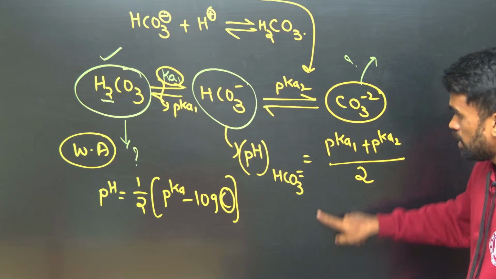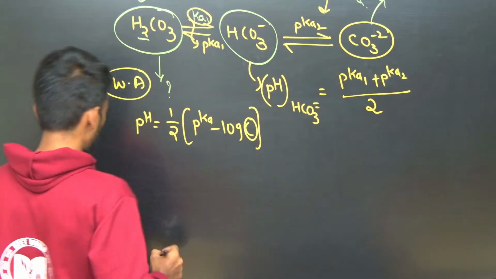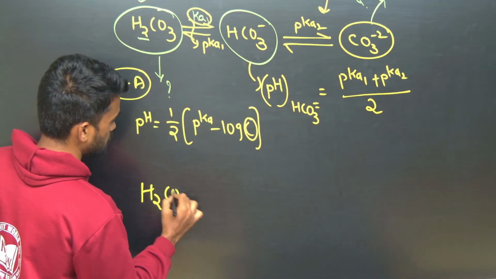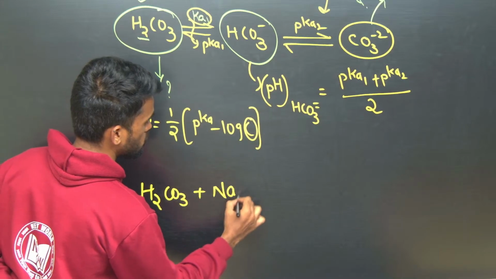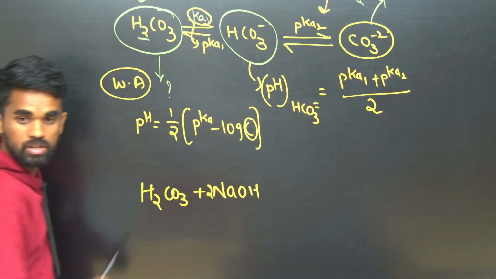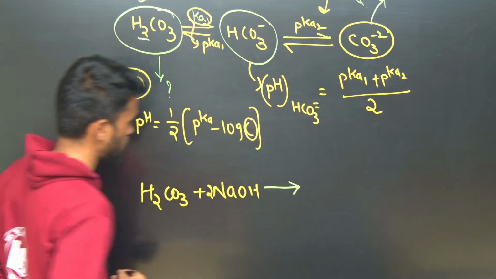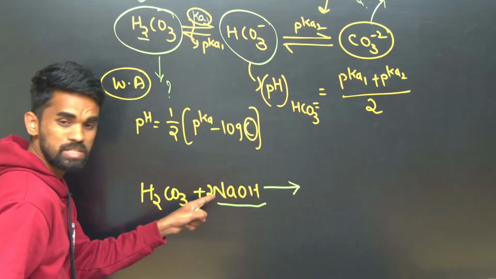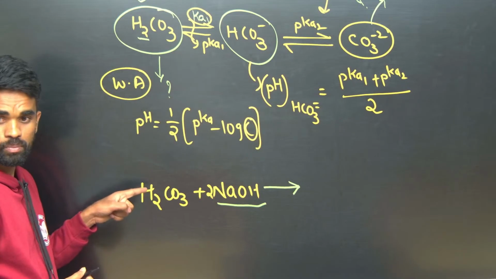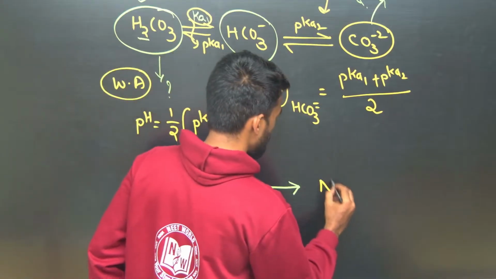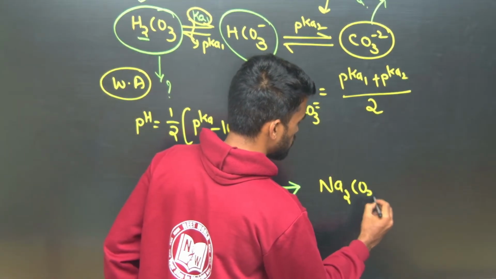For example, I am taking carbonic acid, I am treating with 2 moles of NaOH. Now tell me what is the resultant component formed? It's a strong base, 2 moles are there, so it abstracts these 2 protons and we get Na2CO3.